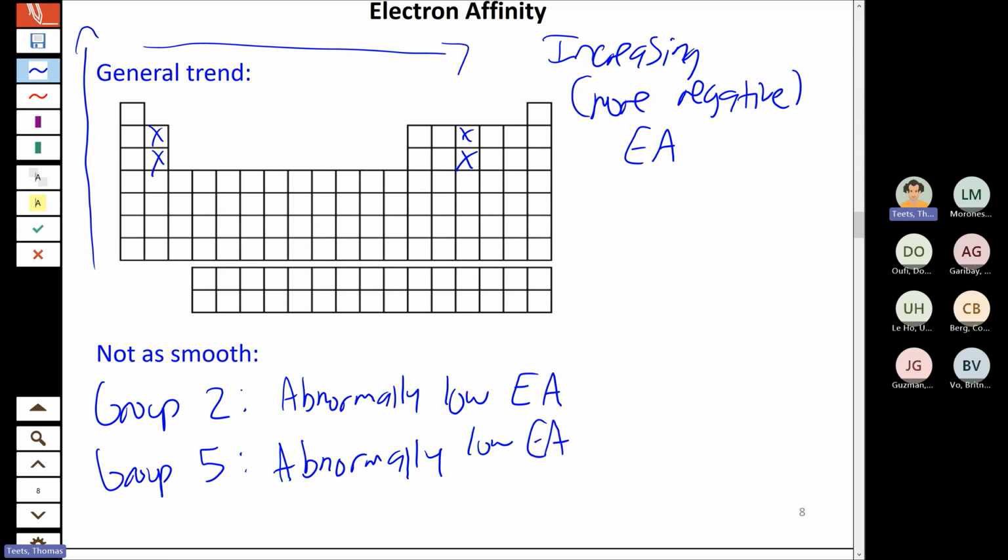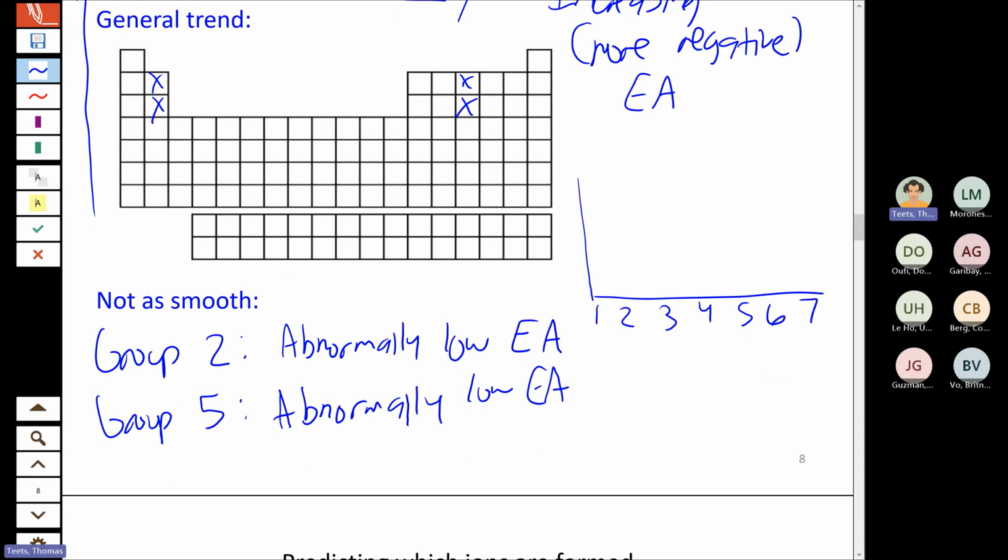But basically, again, if you were to draw the trend as you go across the main groups of the periodic table, 1 through 8, the other thing to realize, it's not even going to come up in any of the problems, so it shouldn't cause any confusion for you in a real setting. But group 8, which is the noble gas column, has basically 0 electron affinity.